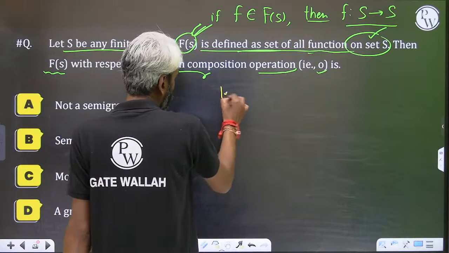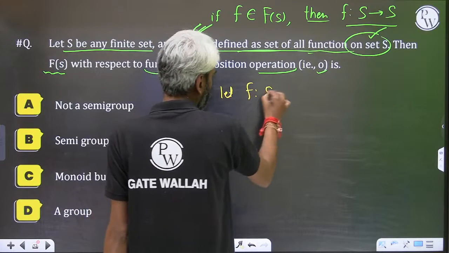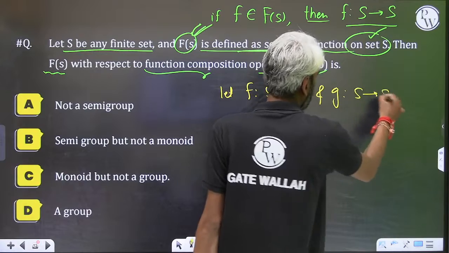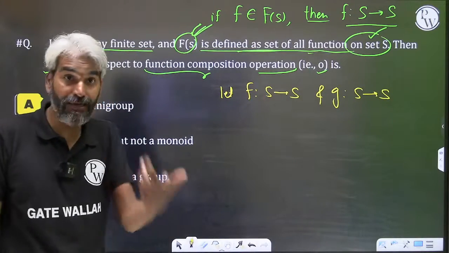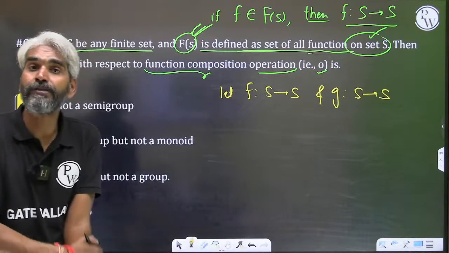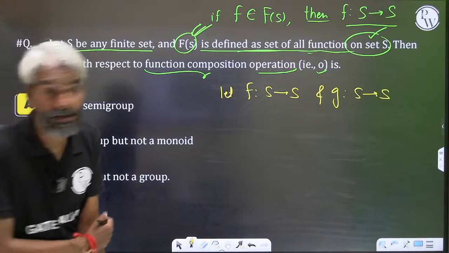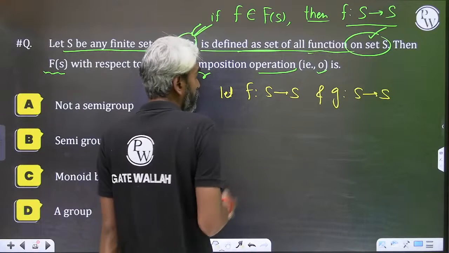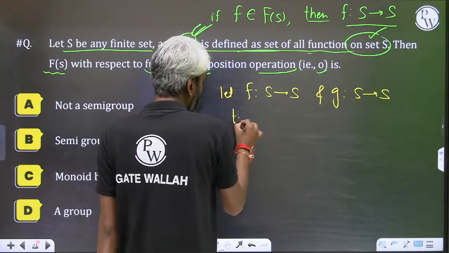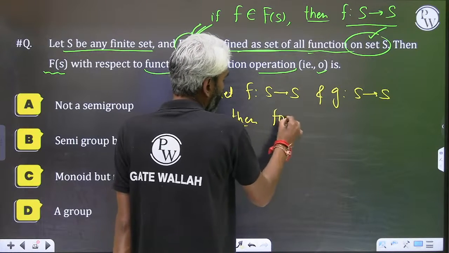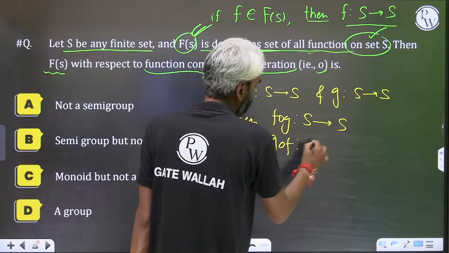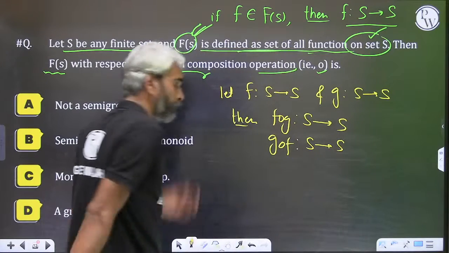Let f be a function from S to S, and g a function from S to S. When we were discussing the concept of function, I told you that if f1 is a function from S to S and f2 is a function from S to S, then f1 of f2 will also be a function from S to S. So f of g will also be a function from S to S, and g of f will also be a function from S to S.